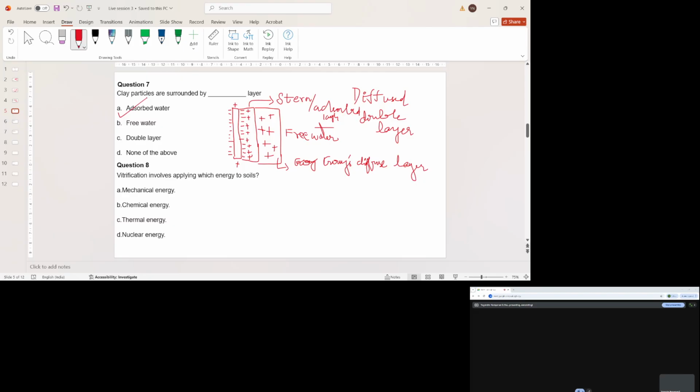But as a whole, what is the complete layer? That is, how water interacts with the clay particle is in two layers, which are the Stern layer and the diffuse layer, collectively termed the diffuse double layer.